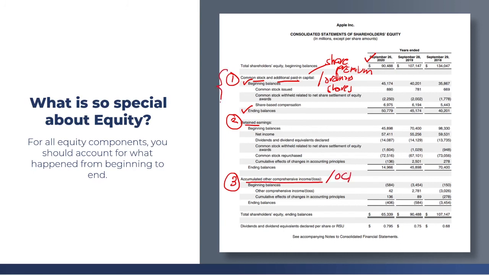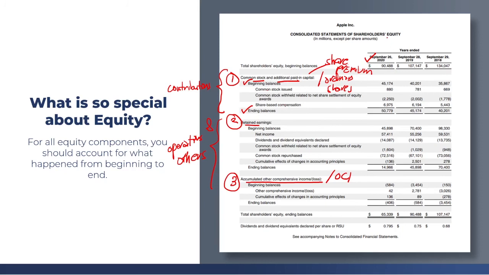This one, as we discussed, came from contributions from their shareholder. And these two came from operations and others. So how do we illustrate the statement of changes in equity, where they account for everything from beginning to end?